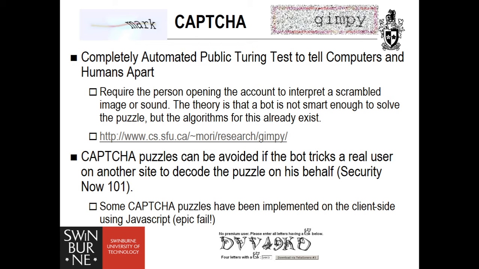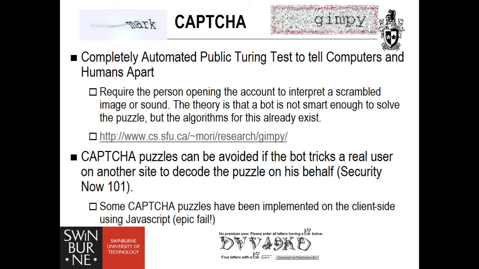Okay, captcha is a completely automated public Turing test to tell computers and humans apart. I think you know about this, right? Basically, it tests whether the user is really human. Why?